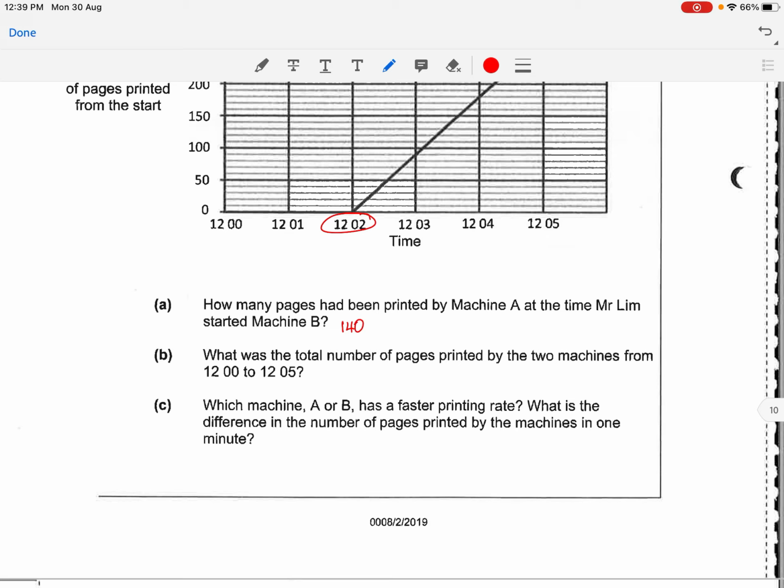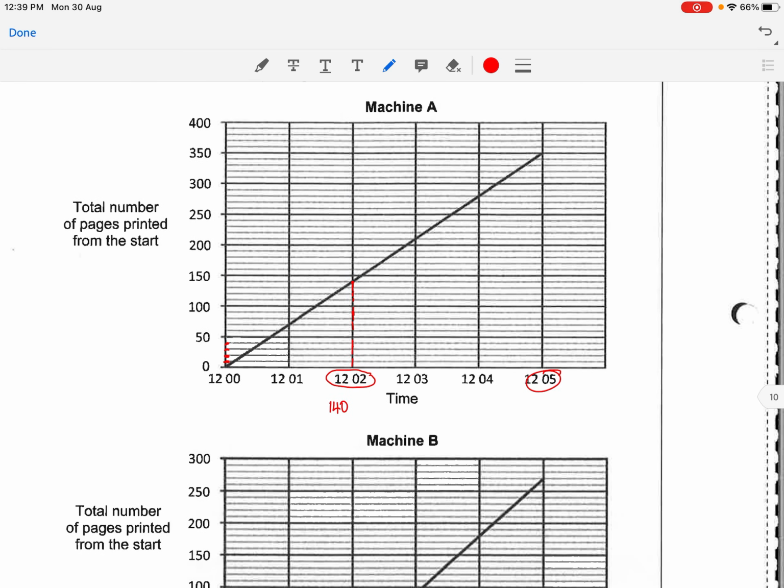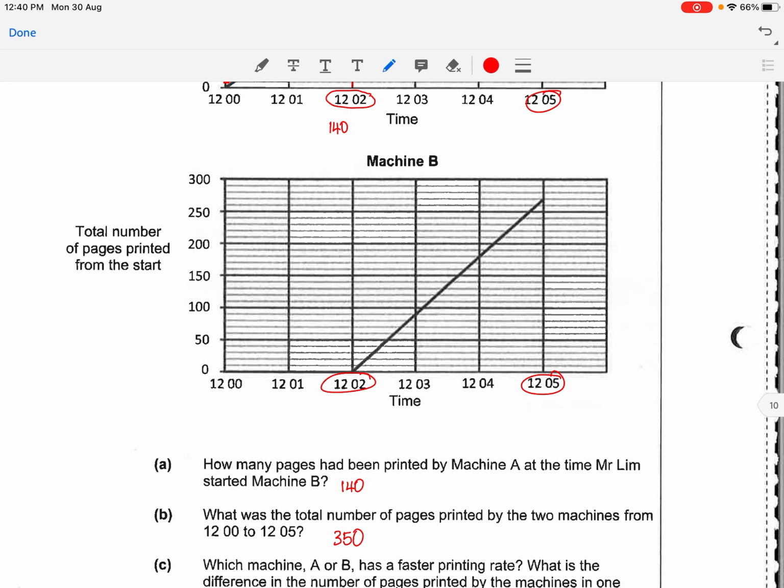Part B, what was the total number of pages printed by two machines from 12:00 hour to 12:05? We will look at 12:05 for both. Alright, so 12:05 for machine A, it is 350. So I'm going to put here first 350, and then we go to machine B. Let's check.